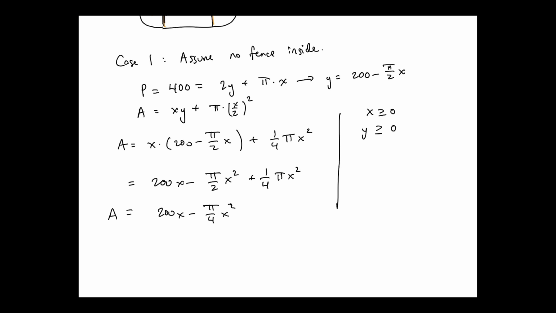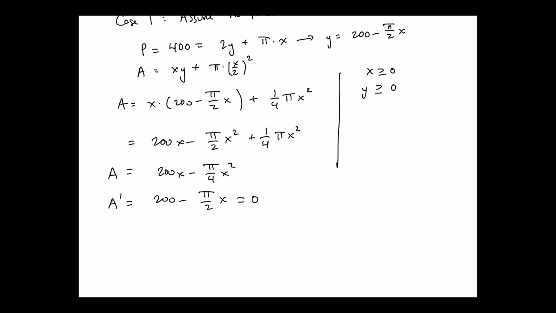All right, so I need to take a derivative. Okay. Set it equal to 0. And what does that make x? 2 pi over 4, so pi over 2, x.